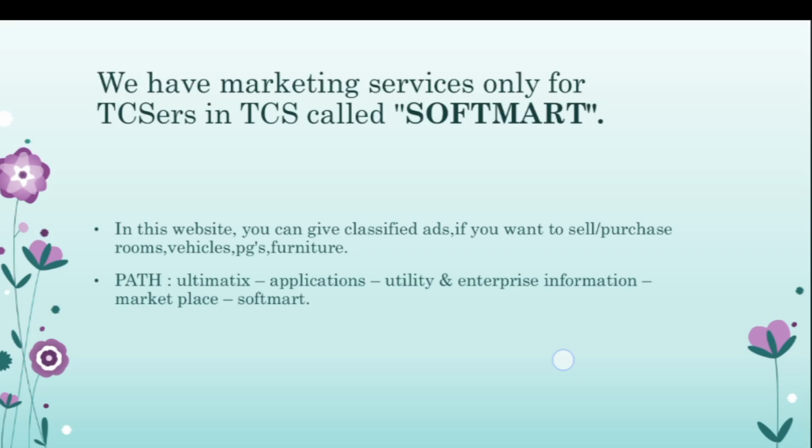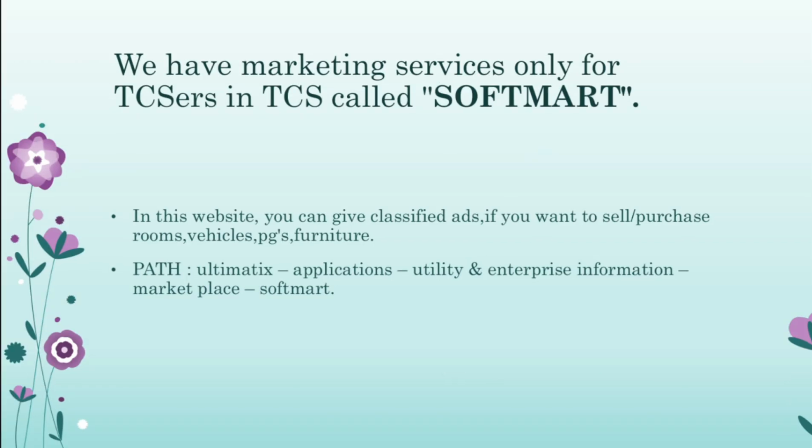In this website we can give classified ads if you want to sell or purchase rooms, vehicles, PGs, furniture, electronics, etc. You can give classified ads for selling, and if you want to purchase anything like vehicles, PGs, room accommodation, electronics, etc., you can also check this website, shortlist that product, contact the person and buy it.